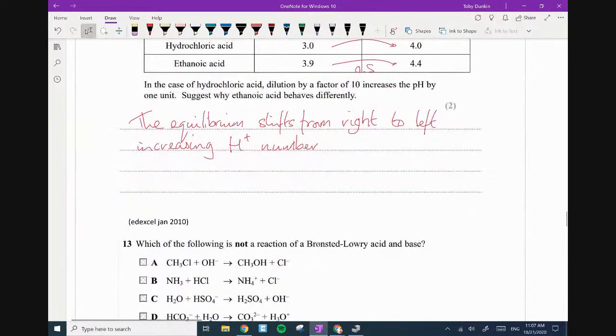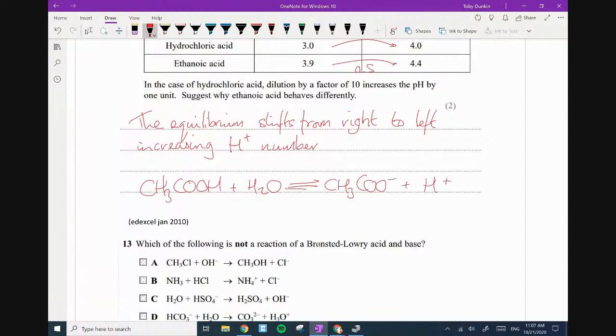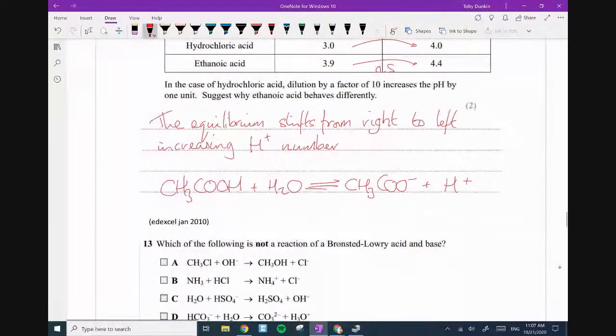I'm going to write the equation as well. I feel like that could be a mark. I quite like writing that equation. It's really clever. So instead of getting a 10-fold dilution, you're not, in reality, increasing the H plus number.